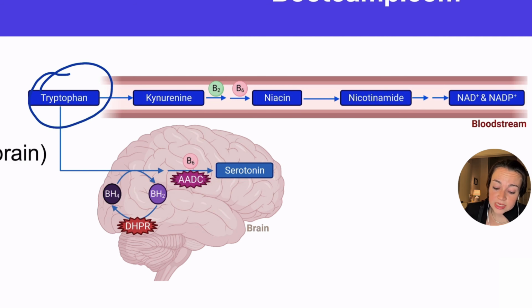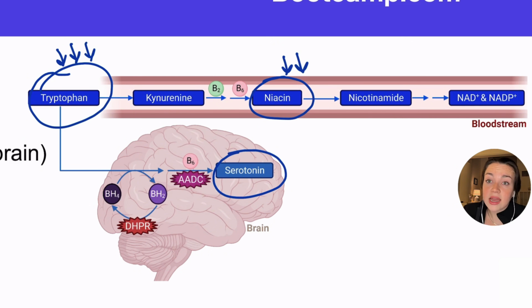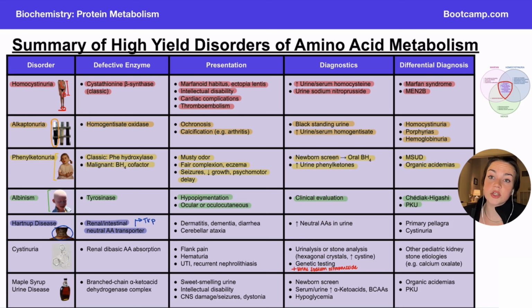Tryptophan, remember, is metabolized into things like serotonin and niacin, which is vitamin B3. So if we can't reabsorb tryptophan, we've got low tryptophan levels, we're going to get a decrease in that niacin. When you're deficient in niacin, there's a very specific clinical presentation that comes up called pellagra, which is characterized by the 3 Ds, which are dermatitis, dementia, and diarrhea.